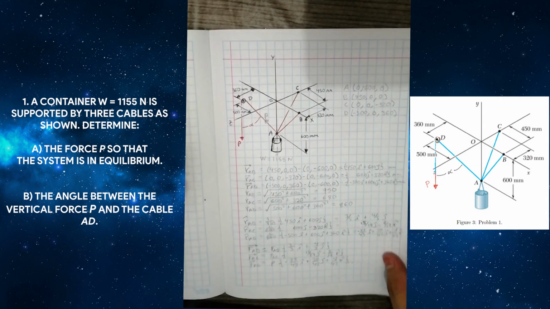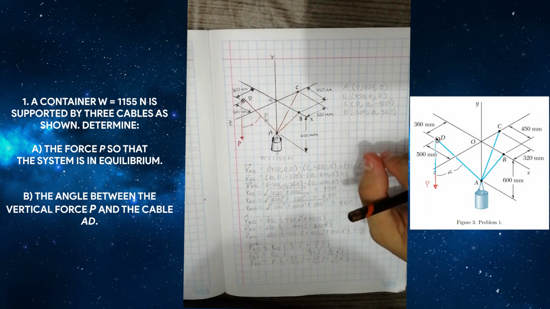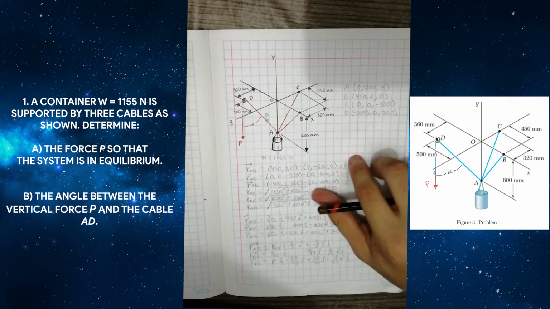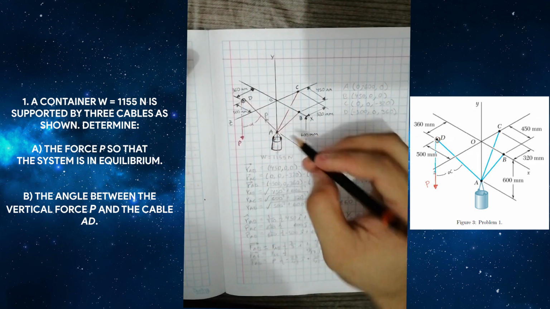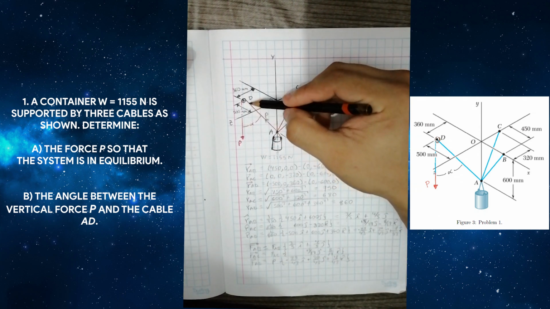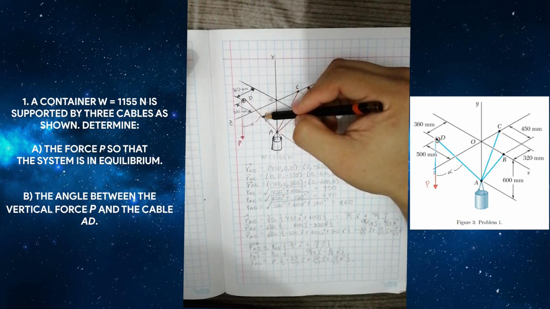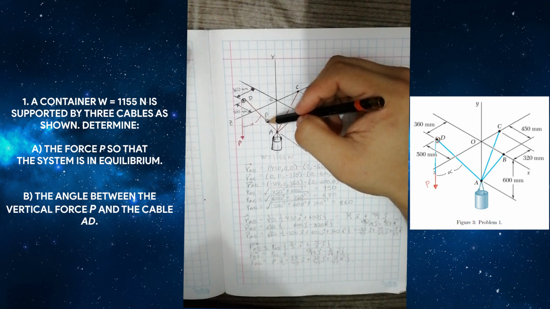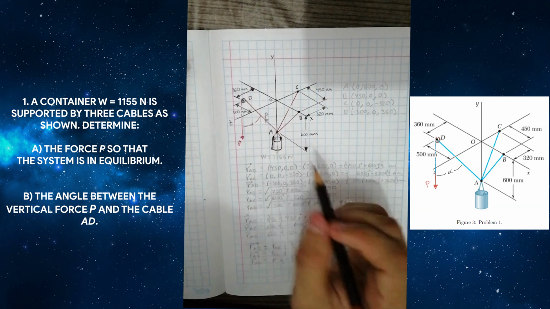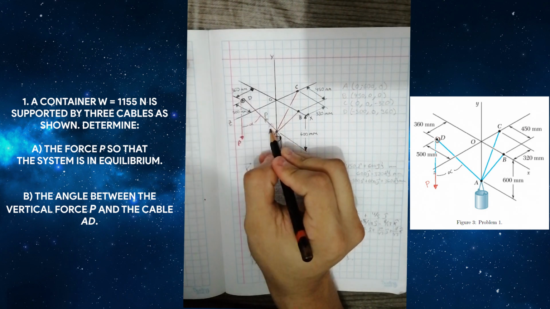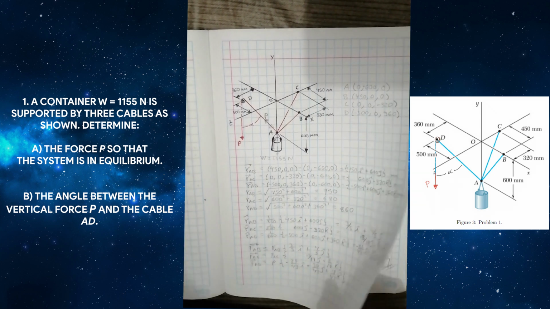And the only thing I have to do is to invert the components of this vector AD, invert its components so that it's directed in this direction, and I can draw it as follows.